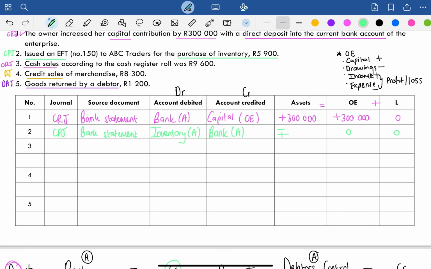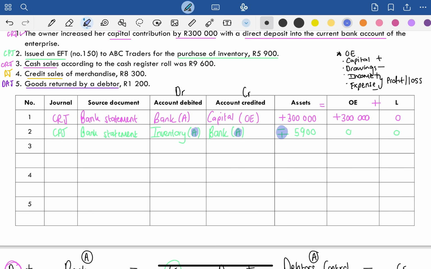If I had no inventory and now I bought some, my inventory is increasing, but my money in the bank is decreasing with 5,900.